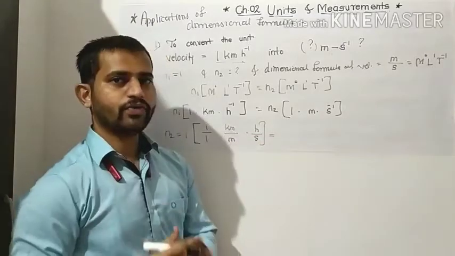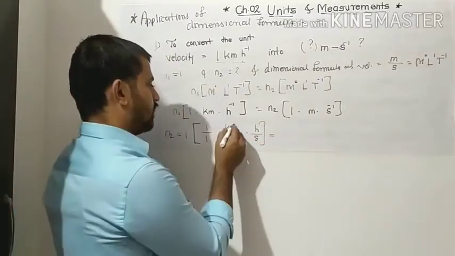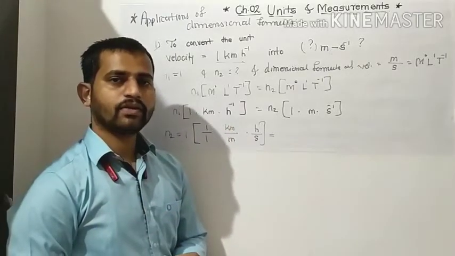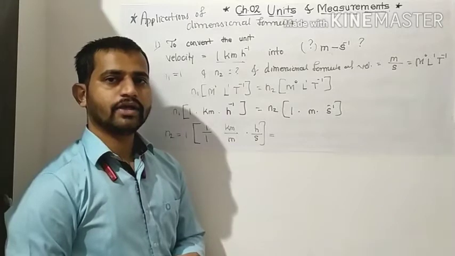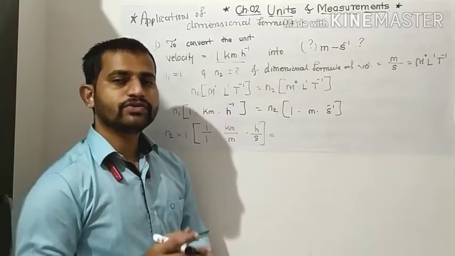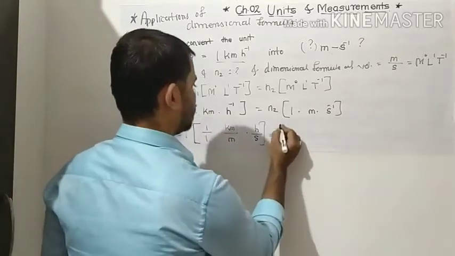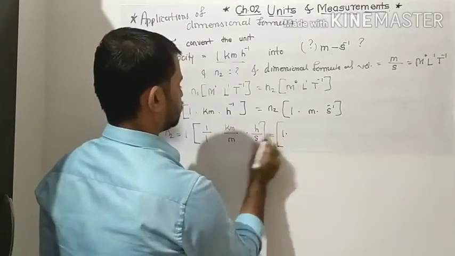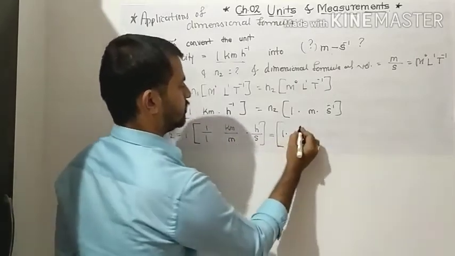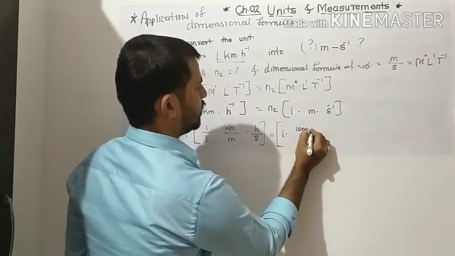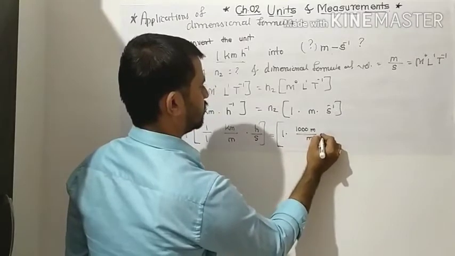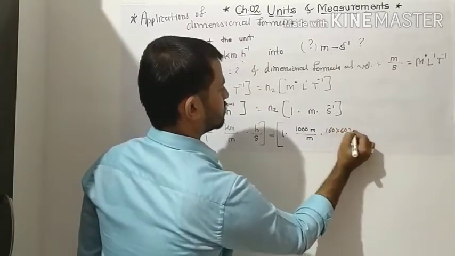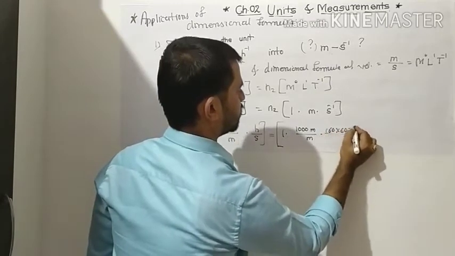So what we have to do is convert the above units into the particular system in which we have to convert. So we can write n2 is equal to 1, and this becomes 1000 meter upon meter into 60 into 60 second upon second.